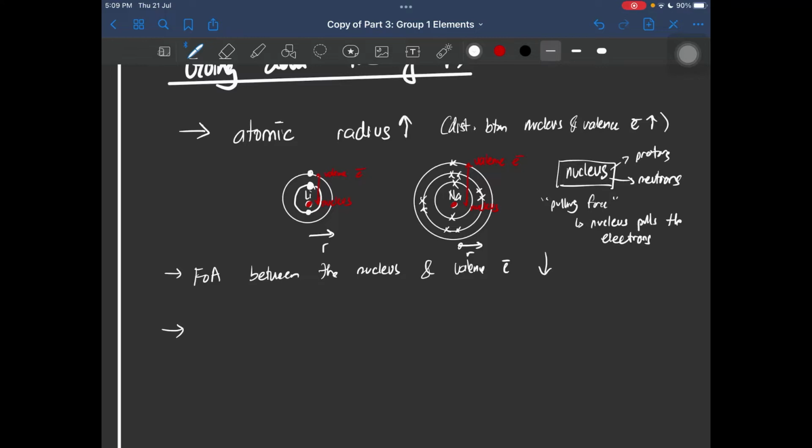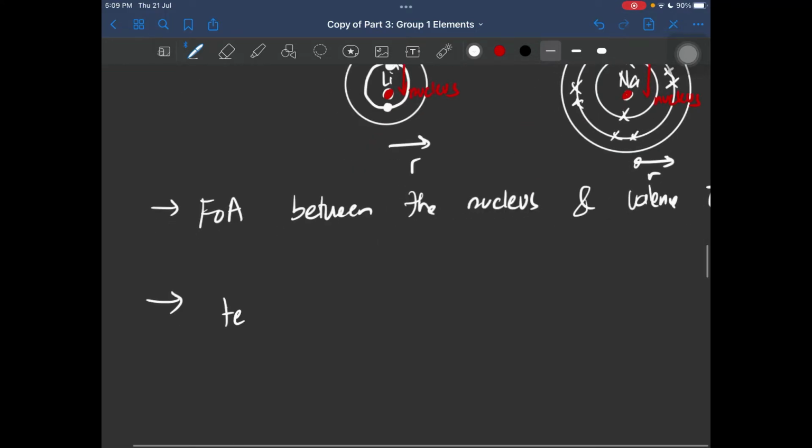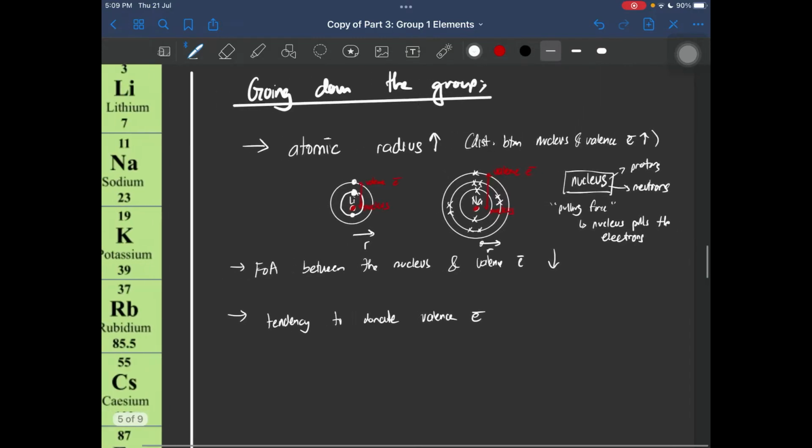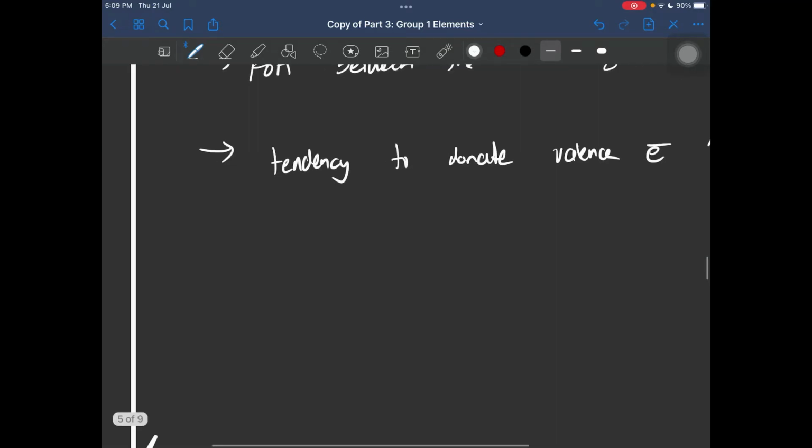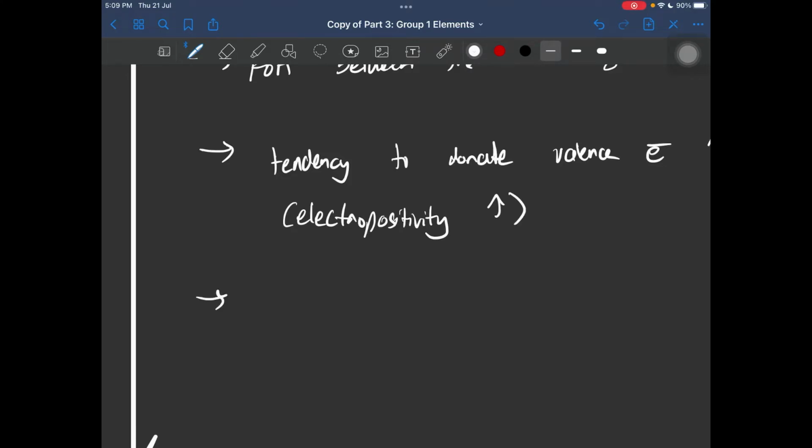So this valence electron is more easily released. So the tendency to donate valence electron increases, meaning that the electropositivity will increase, and therefore when the tendency to donate valence electron increases, the reactivity will also increase.